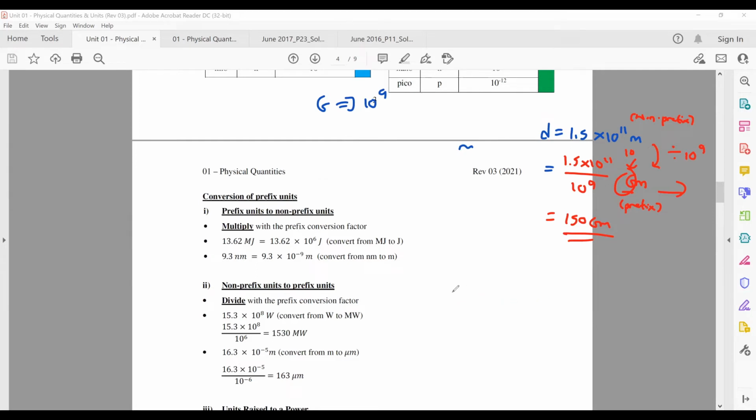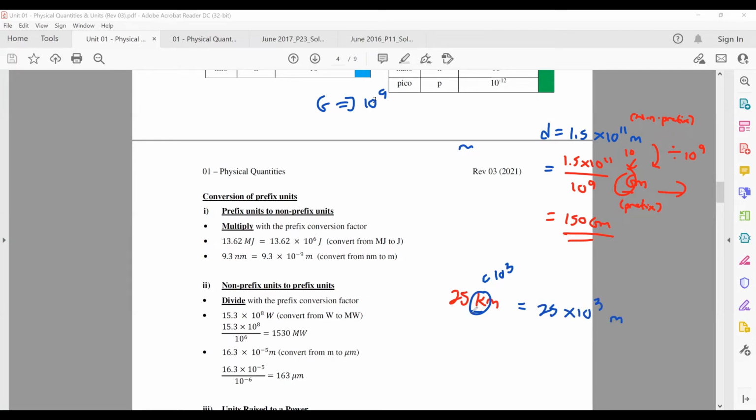Say I give you 25 kilometer. Okay, this one is the prefix. For some students, how they understand things was that, okay, this one is a prefix. I want to get rid of this prefix. I know that this one is equals to 10 power 3. So this one will just be 25 times 10 power 3 meter.